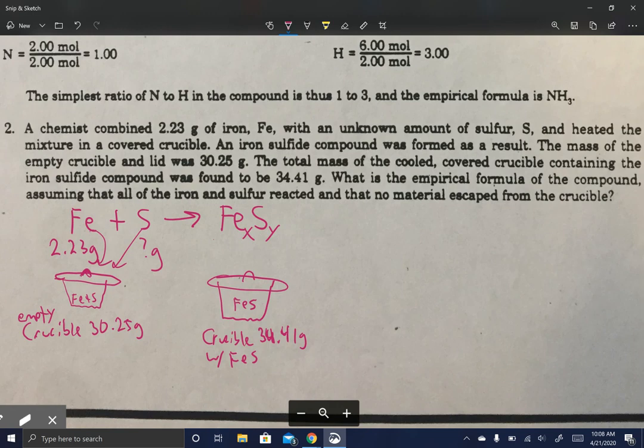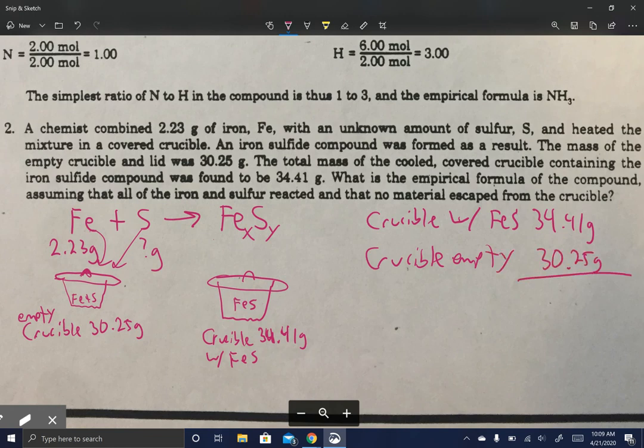So the crucible with FeS, again, is 34.41 grams. The crucible that is empty is 30.25 grams. So we subtract those.